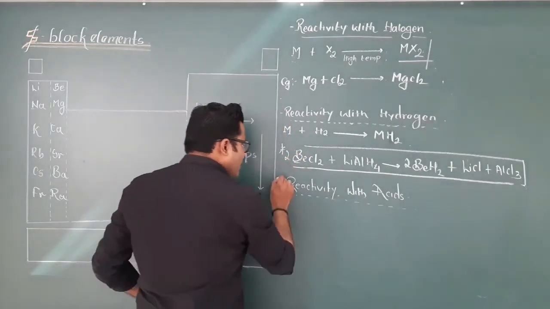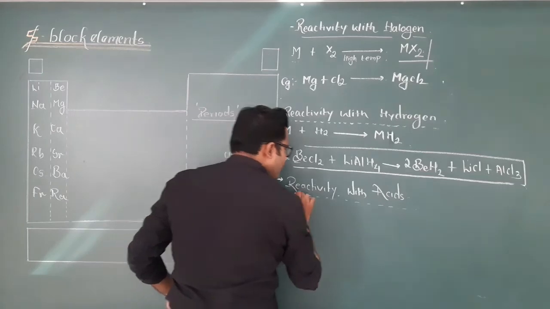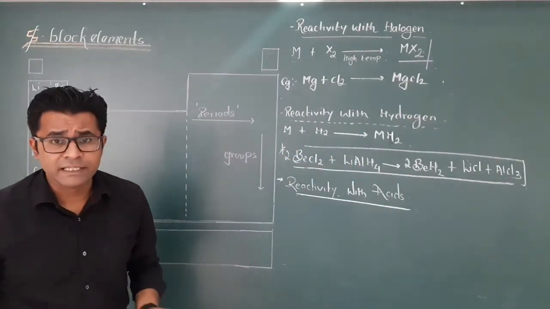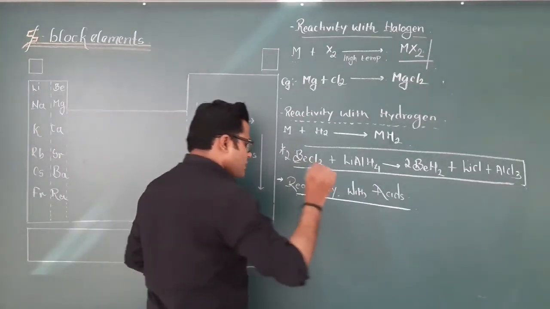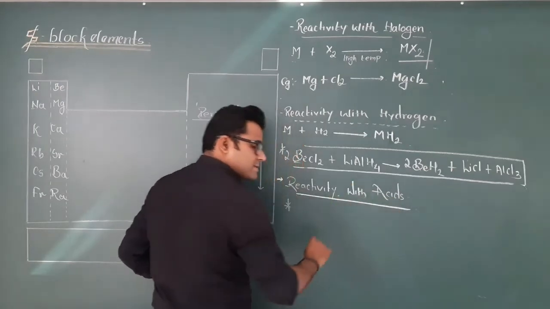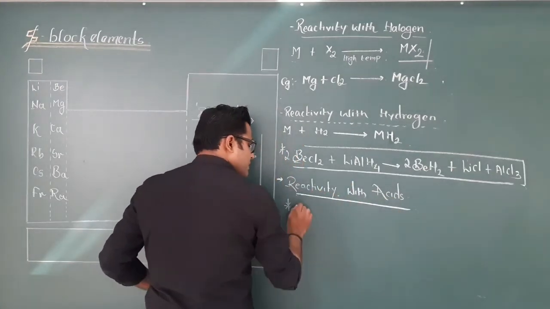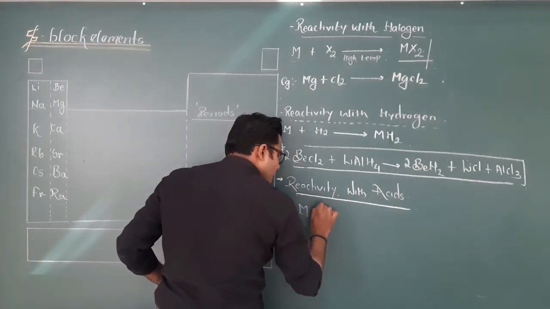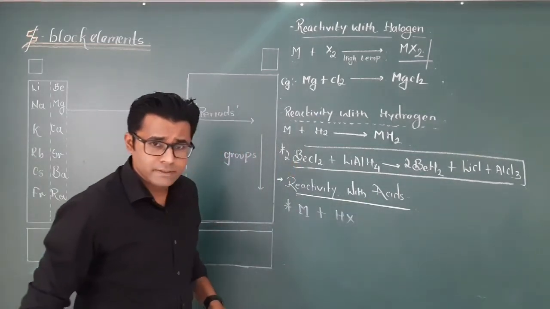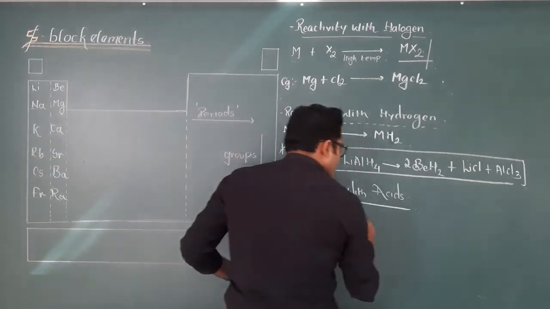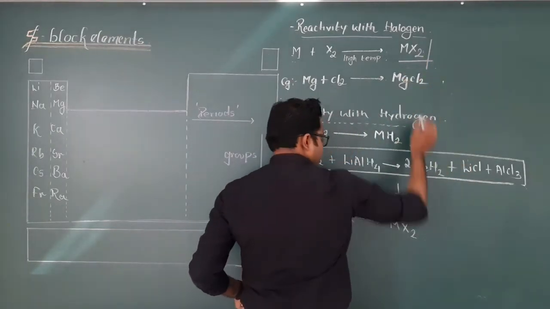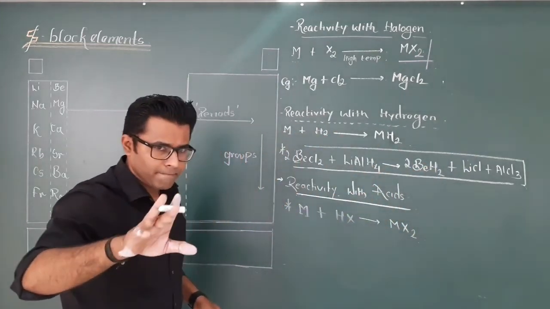Now, when we look at its reactivity with acids, what acids are we speaking of here? The acids such as hydrogen halides, halogen acids. As metals react with halogen acids, these of course will form MX2, same type, correct?